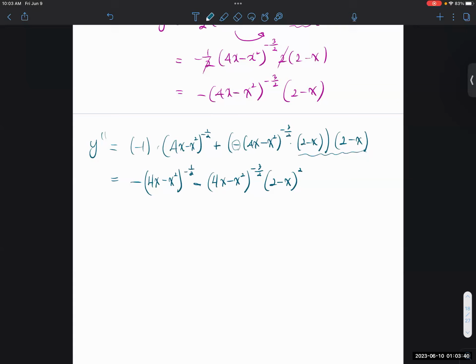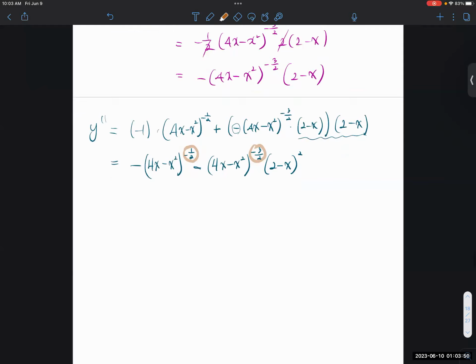I know you don't want to see the negative exponent, so you can change the negative exponent to positive. The first term becomes negative 1 over (4x minus x squared) to the 1/2, and the second becomes 1 over (4x minus x squared) to the 3/2. Why am I doing this? You remember that a negative exponent x to the negative a is the same as 1 over x to the a. So I just change it to the positive exponent.